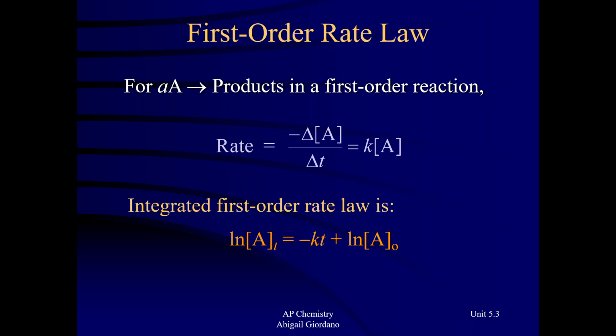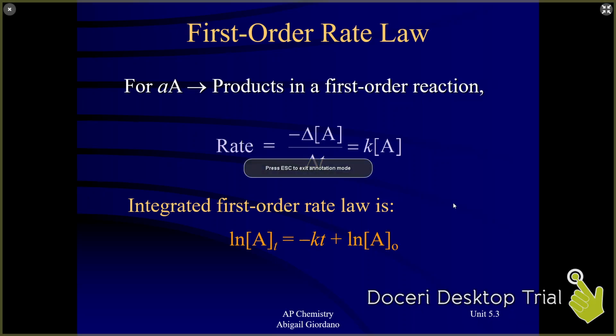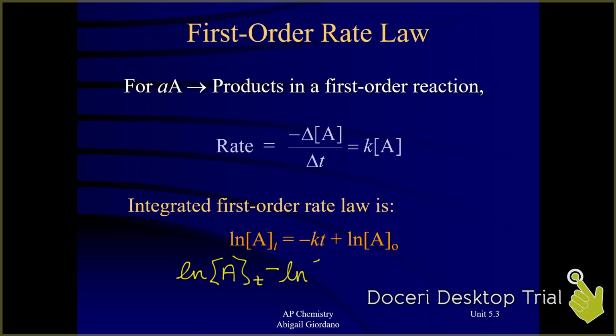Now, it does look slightly different. So let me just show you what I mean. On your formula sheet, it looks like this, minus, and we're going to talk out what everything here represents. What are all these variables? Okay, it looks like that.